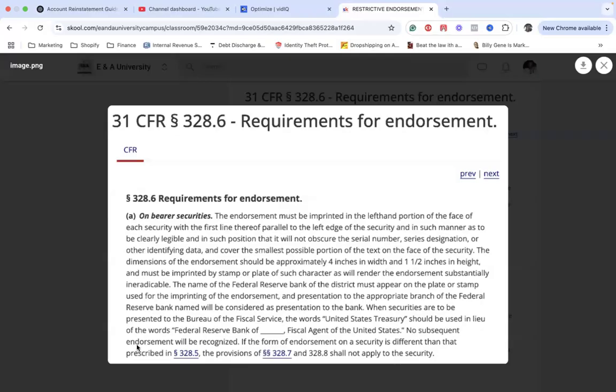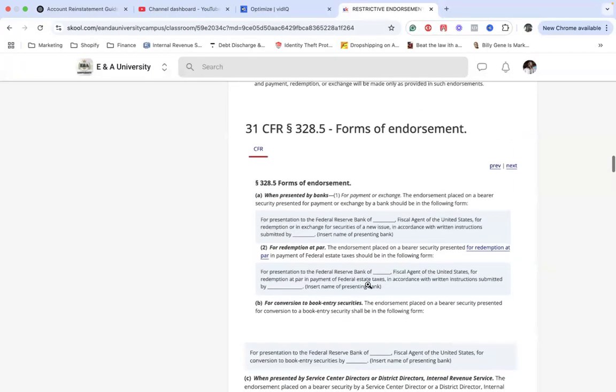No subsequent endorsement will be recognized if the form of endorsement on the securities is different than prescribed in this provision, right? And we're talking about this specific one.